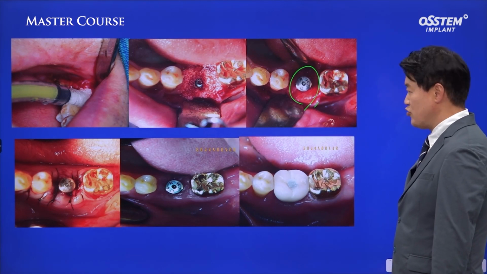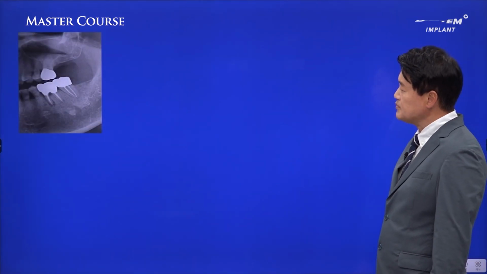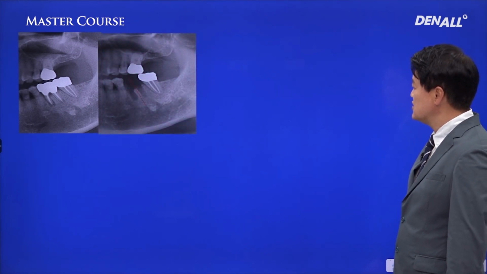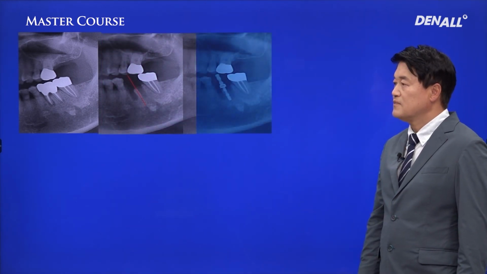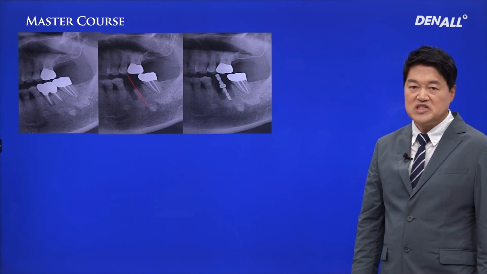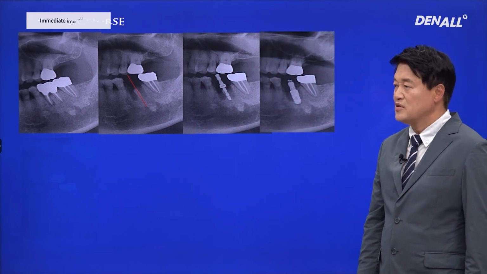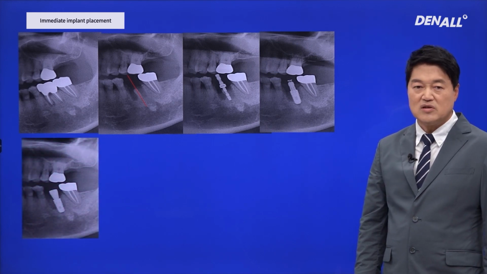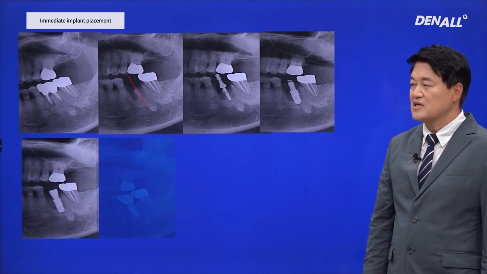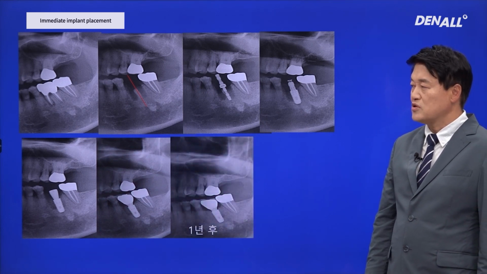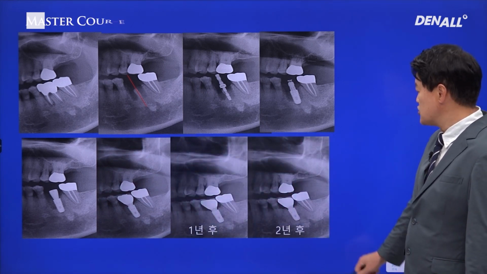Before extraction, after extraction, and the position was checked using a parallel pin. Before GBR, after GBR, and the healing abutment is connected. This is after prosthesis delivery, 1 year later and 2 years later. You can see the prosthesis is maintained nicely.